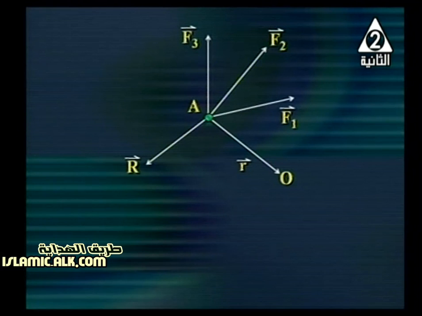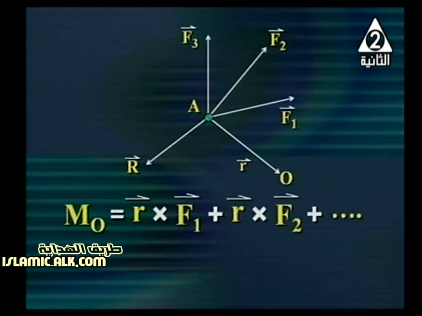What is the resultant? The sum of moments of all forces F1, F2, F3, and Fn at a point A equals the moment of the resultant of these forces at this point. Look, the moment about point O equals R cross F1 plus R cross F2 plus, and so on, to R cross Fn.